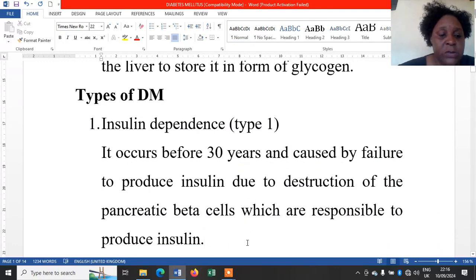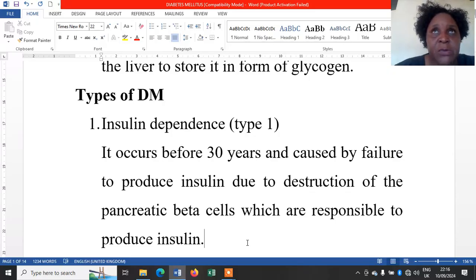So let us look at types of diabetes mellitus. One type of diabetes mellitus is insulin dependency, and it is called type 1. It occurs before the age of 30, and it is caused by failure to produce insulin due to destruction of the pancreatic beta cells, which are responsible to produce insulin.